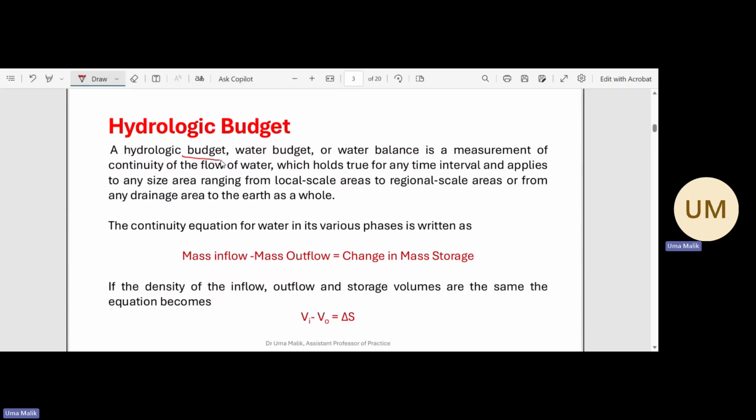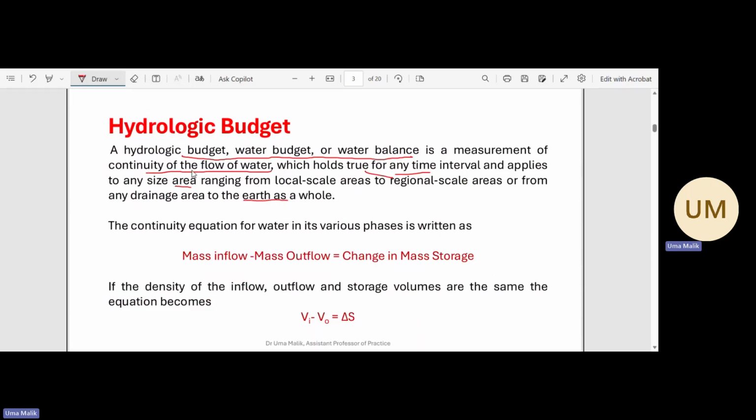The hydrologic budget or water balance is a measurement of continuity of the flow of water, which holds true for any time interval and applies to any size area. It can be a small area, a big area, or the earth as a whole.